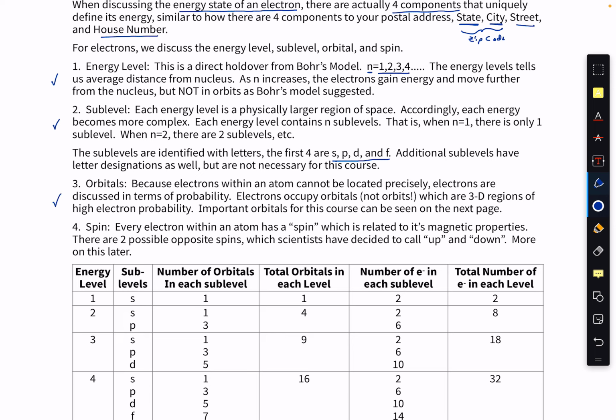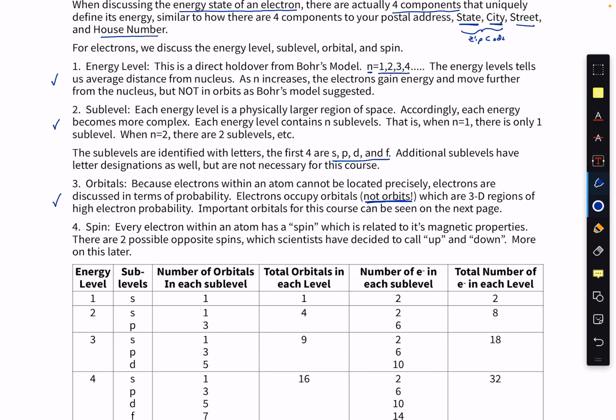The third thing that we need to understand is this idea of orbitals. Now, I kind of wish we hadn't chosen this term because, again, we are not talking about the electron orbiting the nucleus. This is a different word, not orbit, but orbital. Different word.